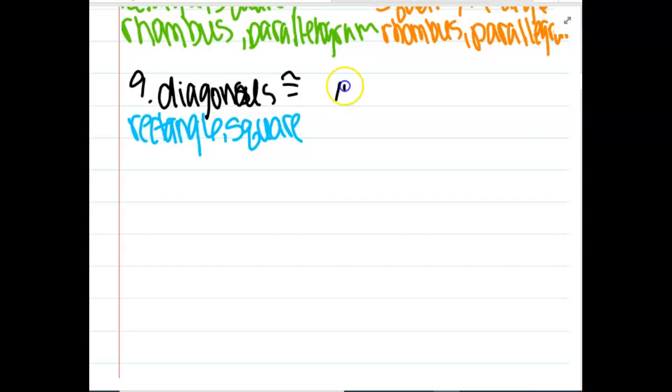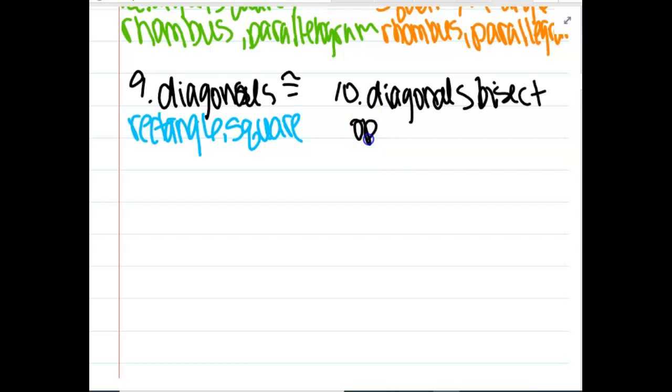And last one here, diagonals bisect opposite angles. That was the rhombus, that other theorem we did. Anything else?